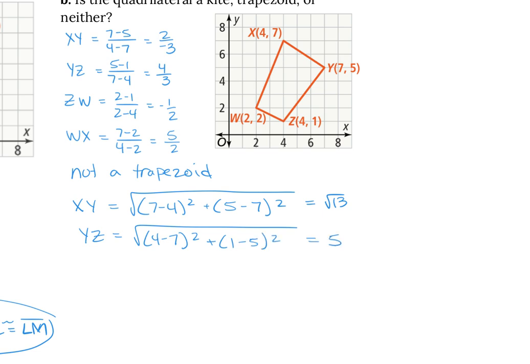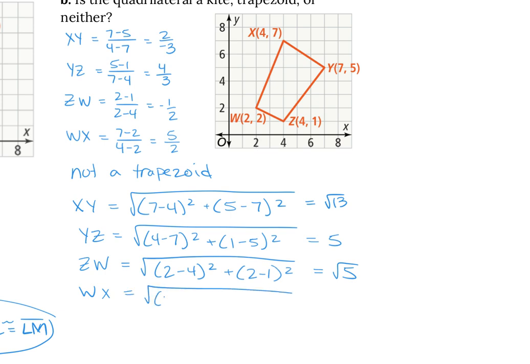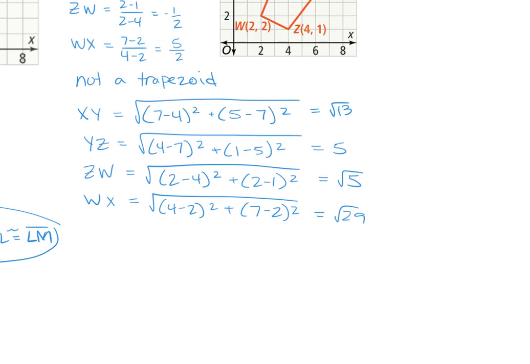That equals 5. Square root of 5. So far I don't have any congruent sides. Okay, so I did not end up with any congruent consecutive sides, so this is neither a trapezoid or a kite.